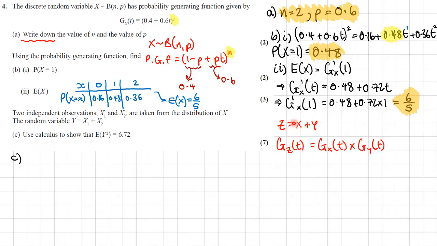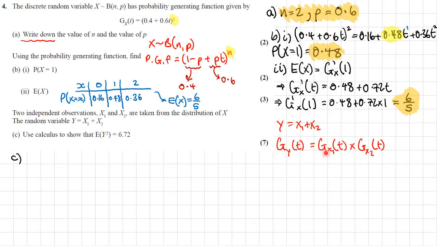Now we can use exactly this, and we can just replace the Z with Y. Then we can replace the first X with X1 and the second X with X2, so we adapt the formula to what we have.